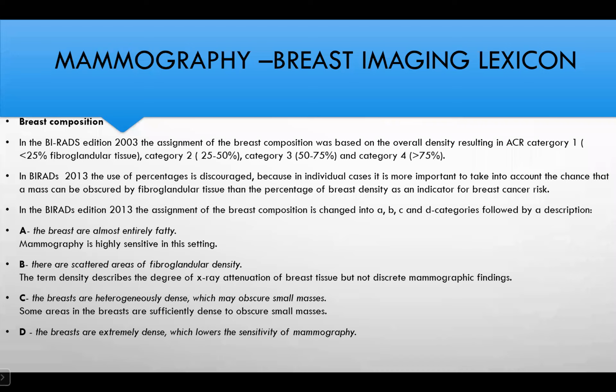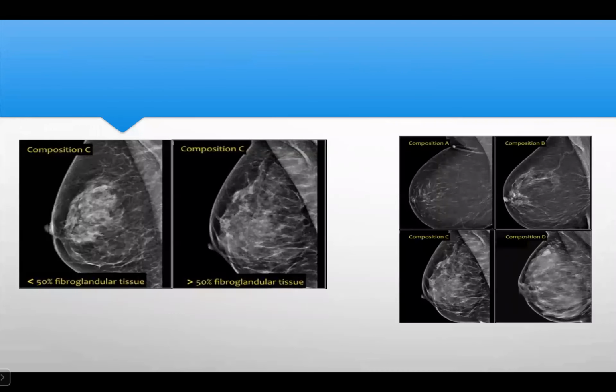C is heterogeneously dense, which may obscure small masses, and D is extremely dense, which lowers the sensitivity of mammography. As we are seeing in this mammogram, the right one describes the breast composition according to RADS 2003, while the left one describes it according to RADS 2013, which divides the breast composition into 4 categories, A, B, C, and D.